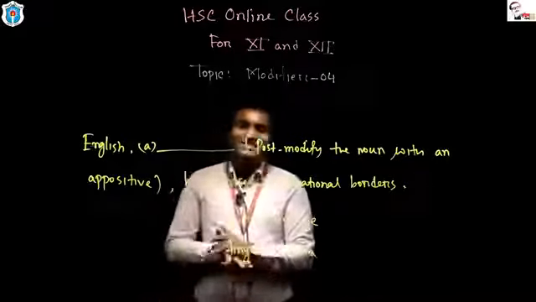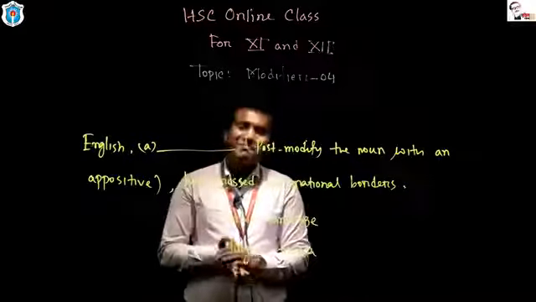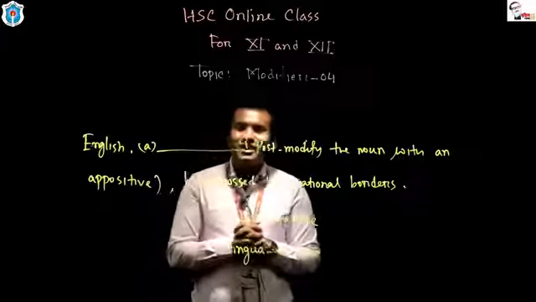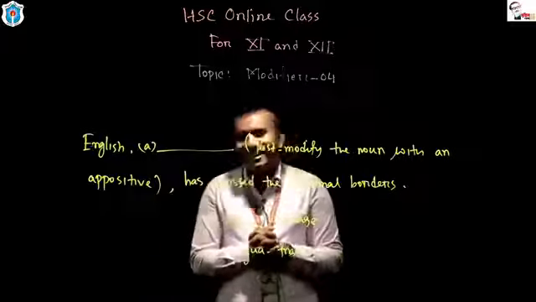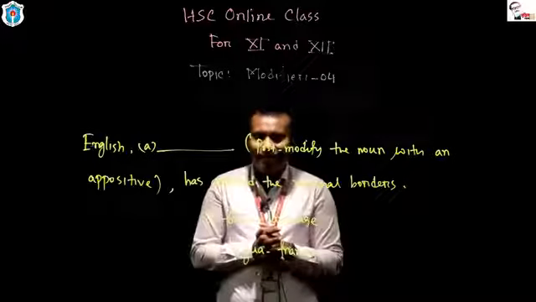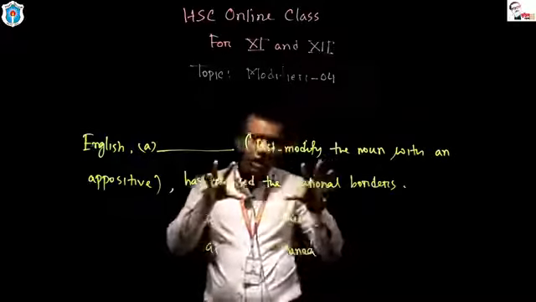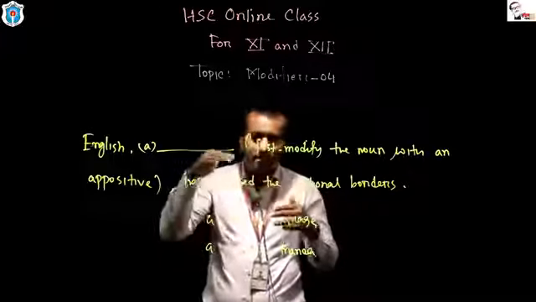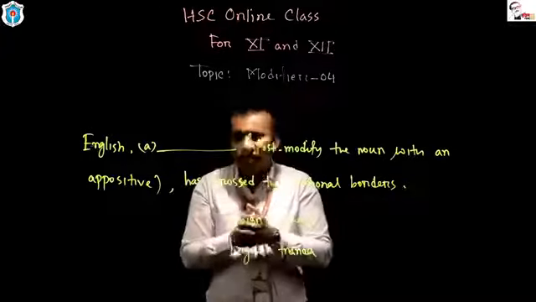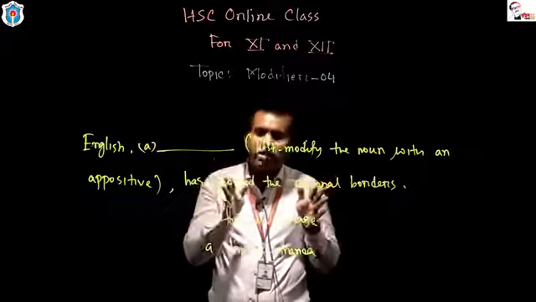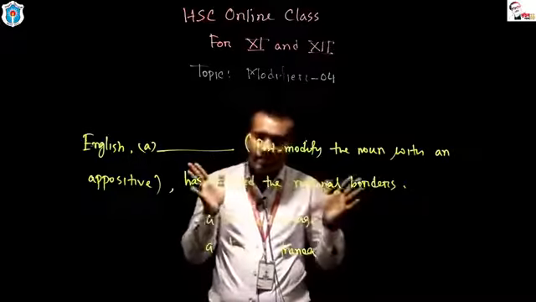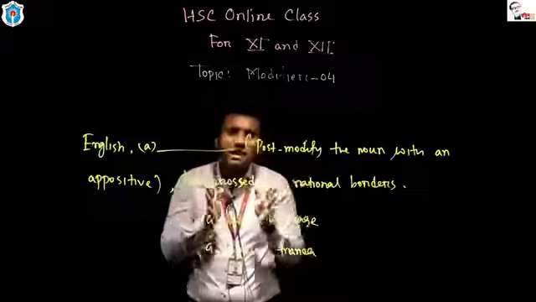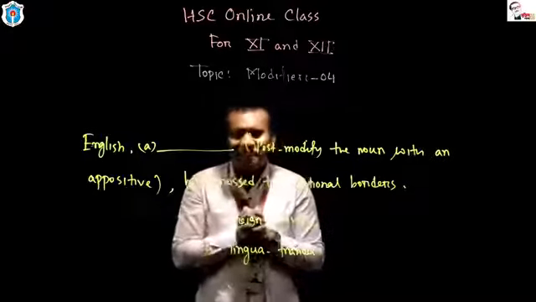So my dear students, up to this part, I have completed the definition of modifier along with the classifications and question pattern, and I have shown you the grammatical terms under both pre-modifier and post-modifier. I think you have taken them down, and today I have also completed appositive.